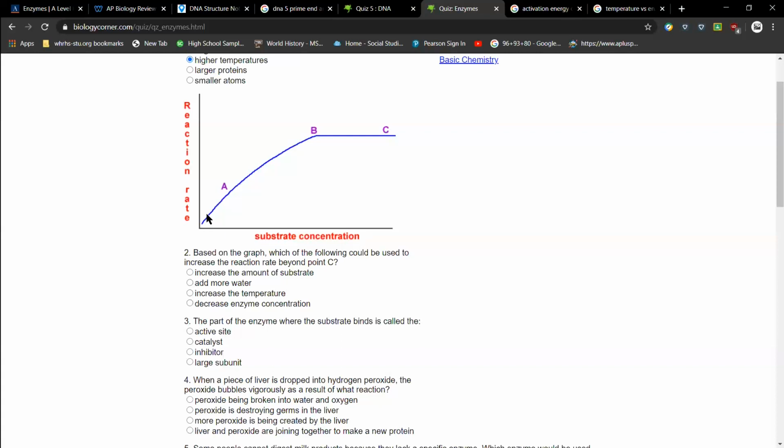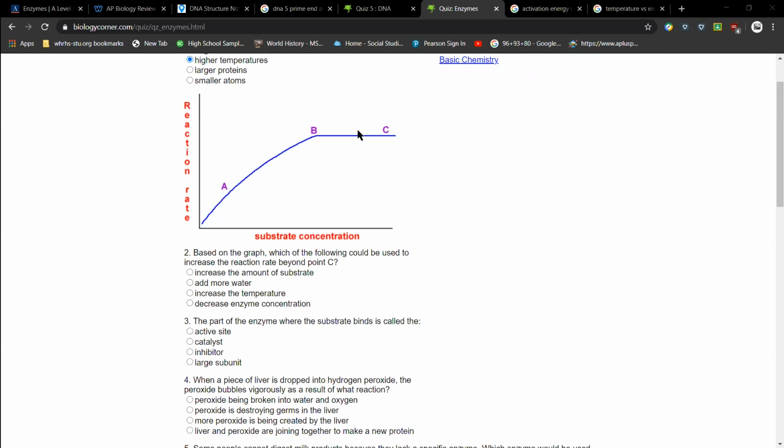Well, actually, no, this is substrate. No, sorry, scratch that. At this point, there is not that much substrate, right? So if there isn't that much substrate, the reaction rate is going to be low. But what we see later and later on is that eventually the reaction rate cuts off. And the reason it cuts off is because the enzymes are what we call saturated.